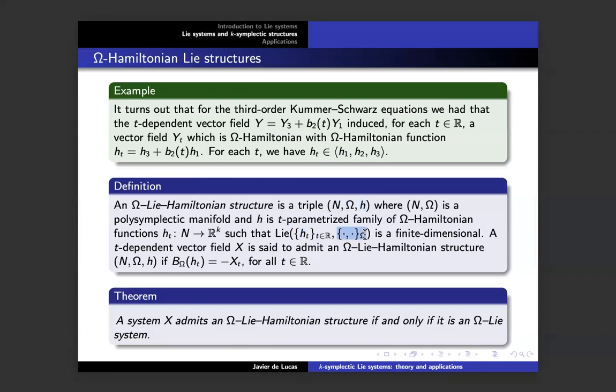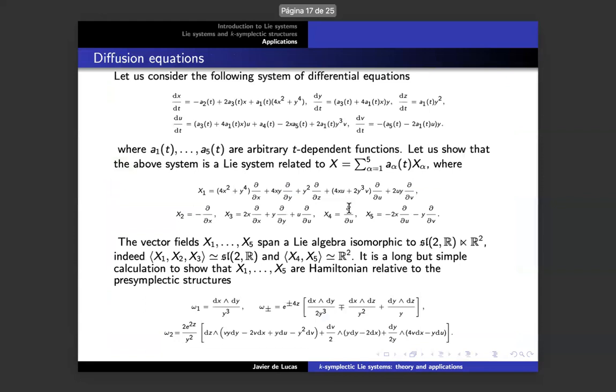If so, you can prove that if you match every h_t with its associated Hamiltonian vector field, which is unique, this will be a Lie system. And the other way around also works: if you have a k-symplectic Lie system, you will have a Lie Hamiltonian structure of this type.